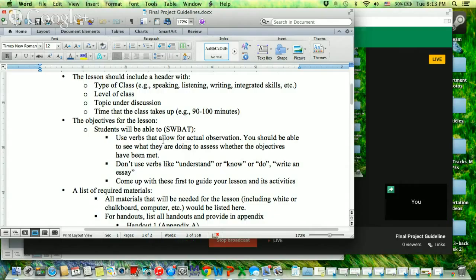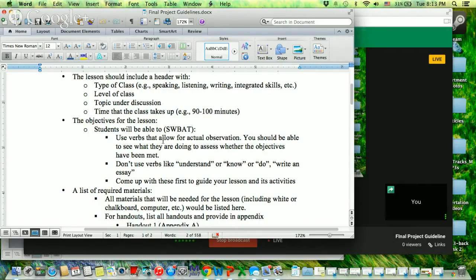So instead of saying things like students will be able to understand the different uses of the passive voice, it's better to say something like students will be able to, let's see, practice using active voice in class activities, for instance.